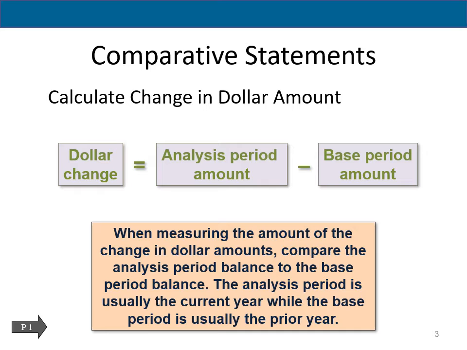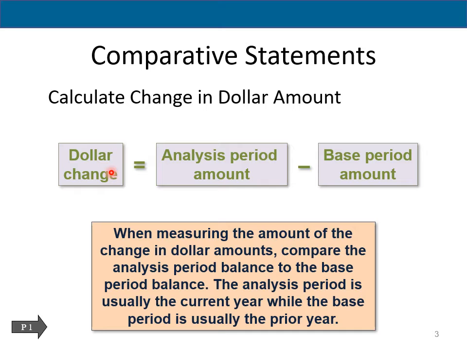So what we'll do with those is we'll do a couple of things. The first thing we'll do is the computation of what we refer to as a dollar change. And generally what that amounts to is the base amount, which traditionally is the oldest period reported, and then we'll subtract that from the subsequent period, and that's your dollar change.